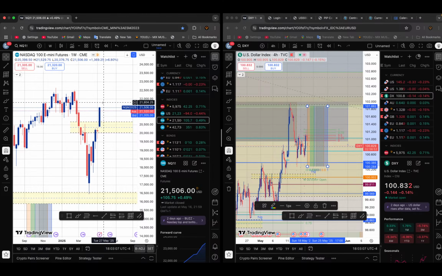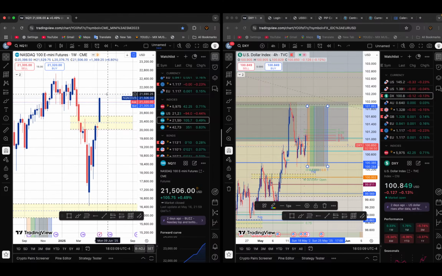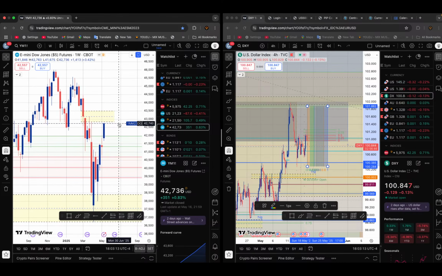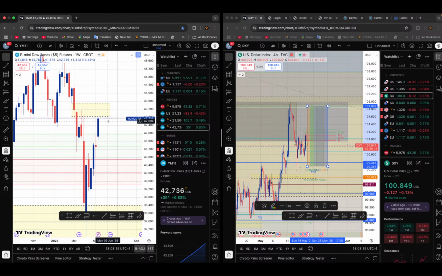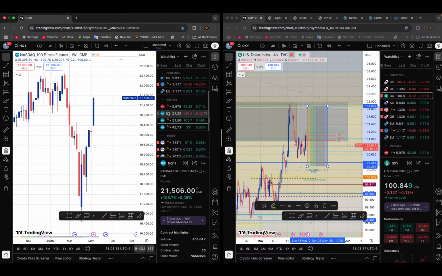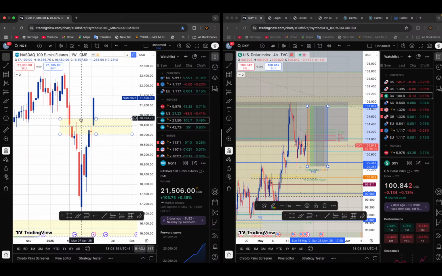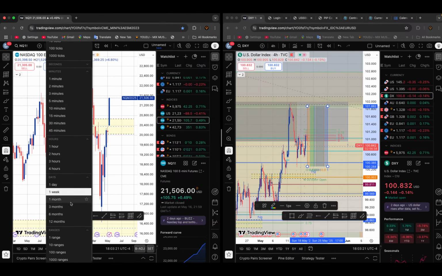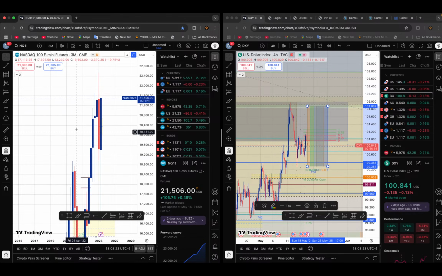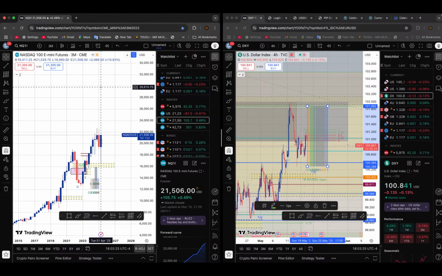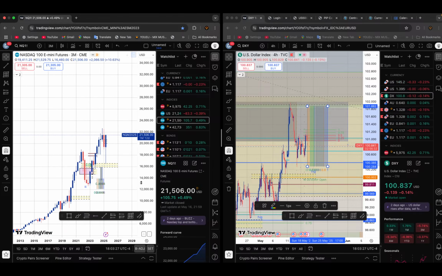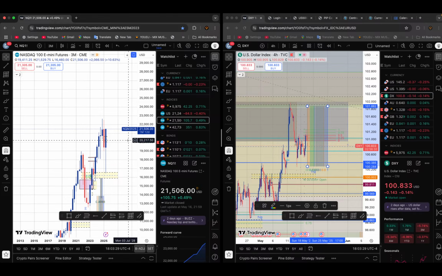But I think it is opening lower, so that should be a good sign. Let's look at the 3 month. It looks bullish overall, so the bias is to carry on going higher.